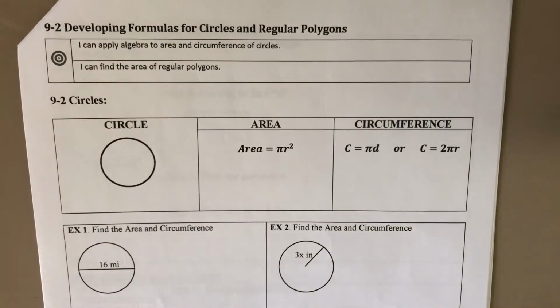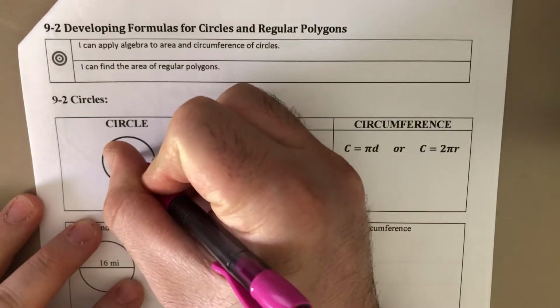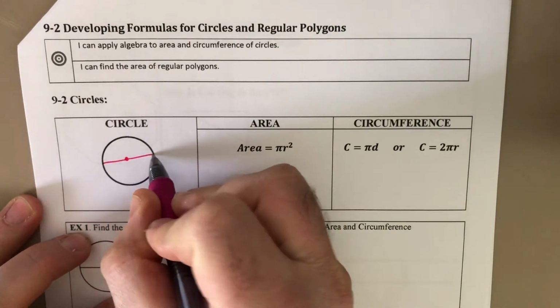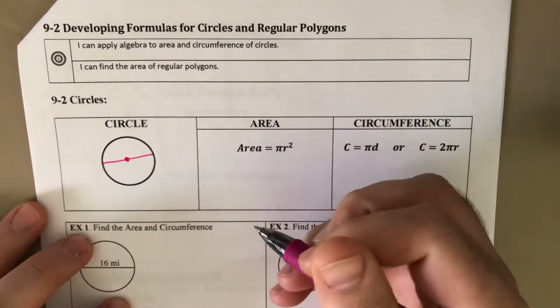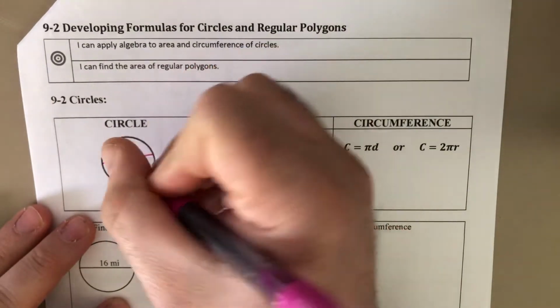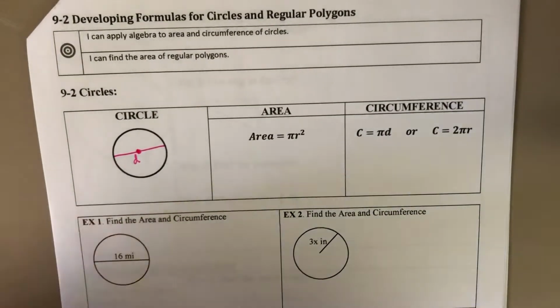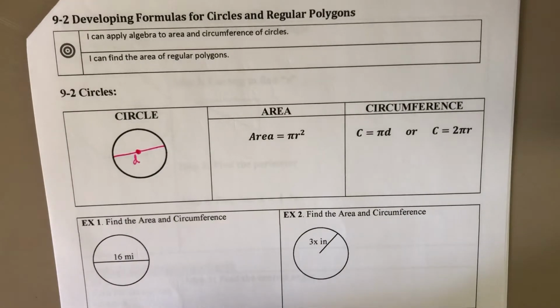So with circles, what you have to remember is that there are two things that we really need to talk about, and they're very much related. Going all the way across the circle through the center is what is called the diameter. Little d stands for diameter.